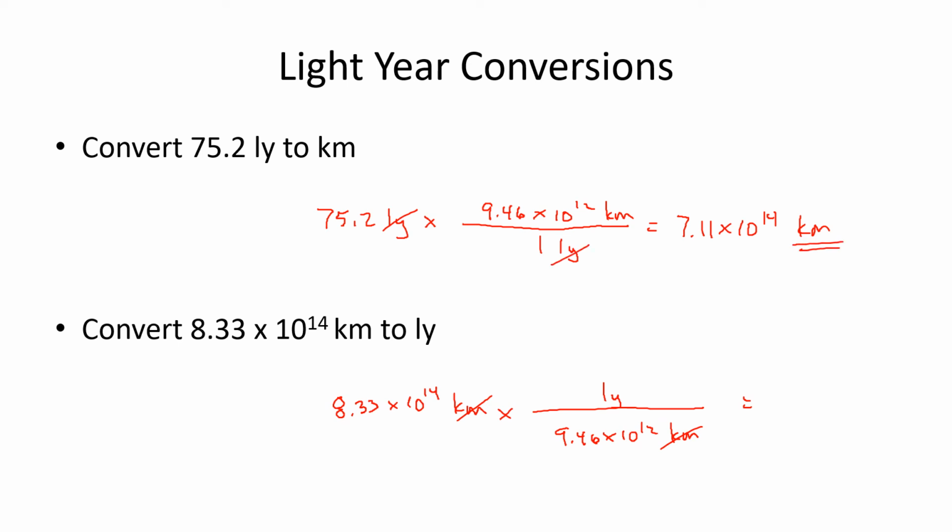Great, so 8.33 times 10 to the power of 14 divided by 9.46 times 10 to the 12th equals, and I get 88.0, I guess we could round that to 88 light years. There you go. Hope you can follow along with your calculator.